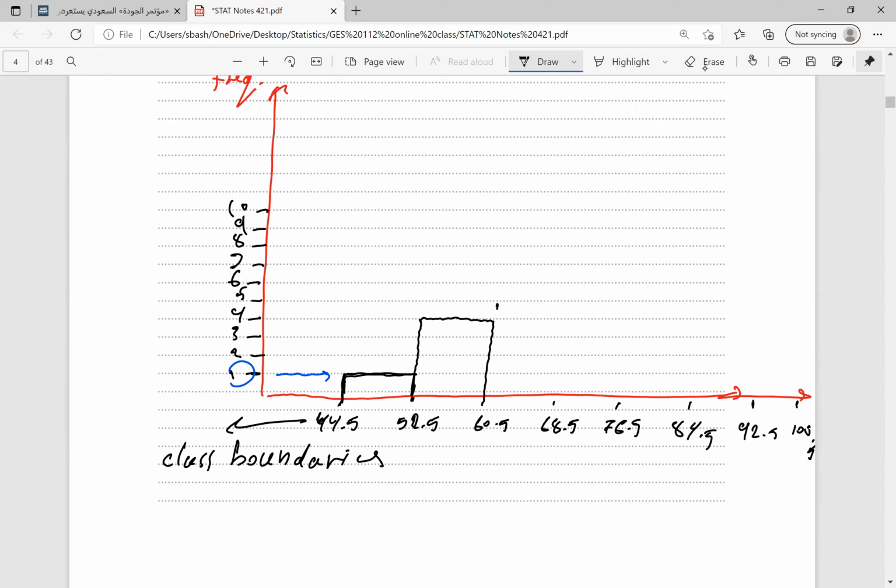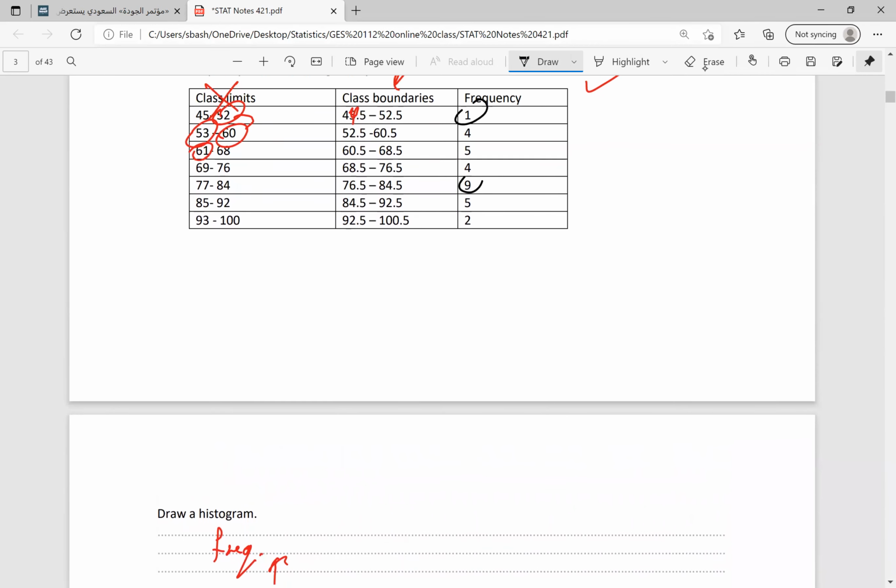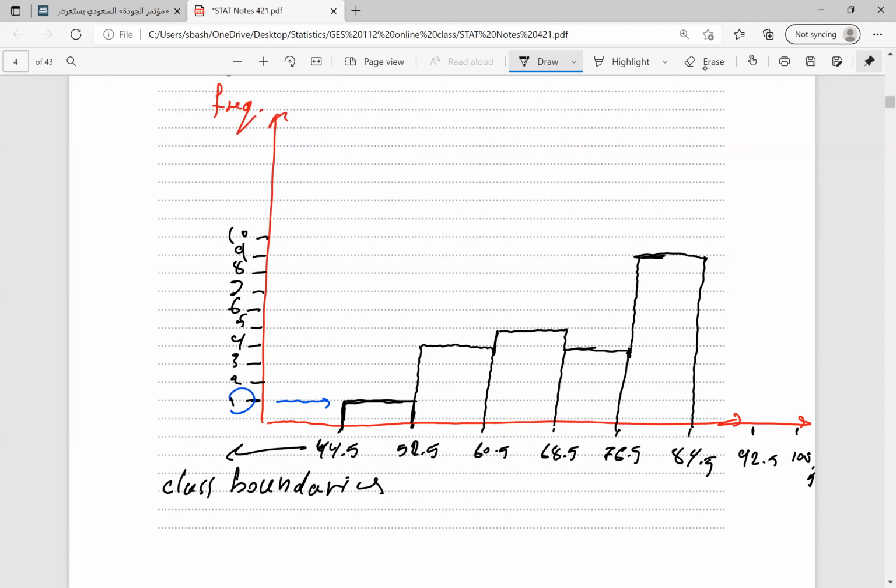The next one is 9, then we have 5 and the last one is 2.